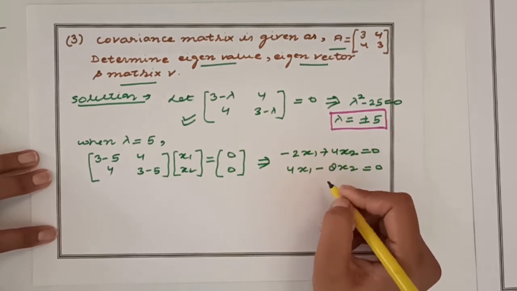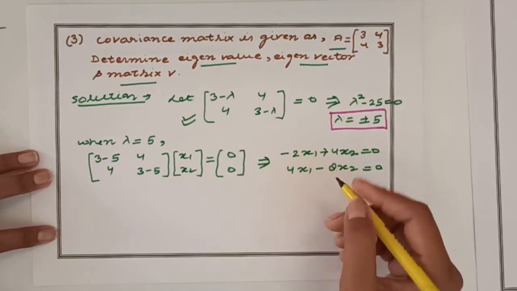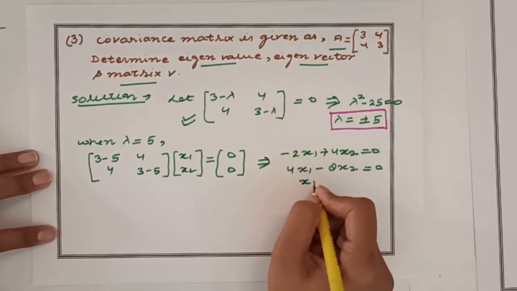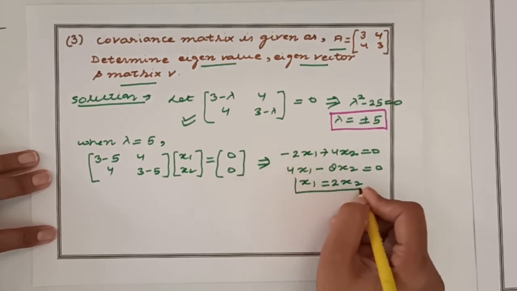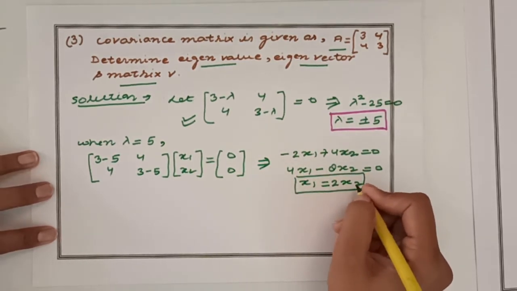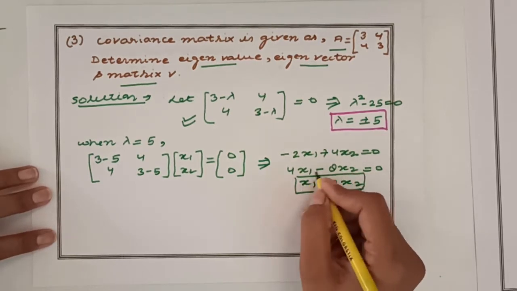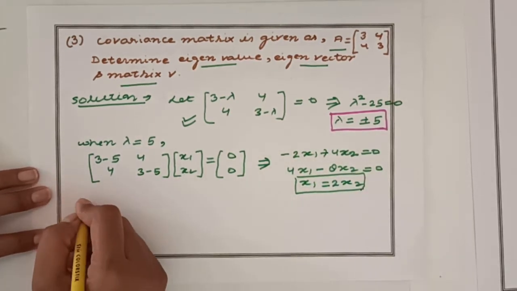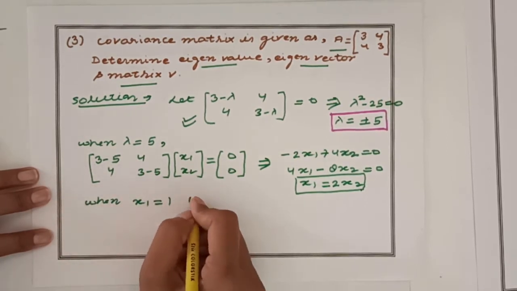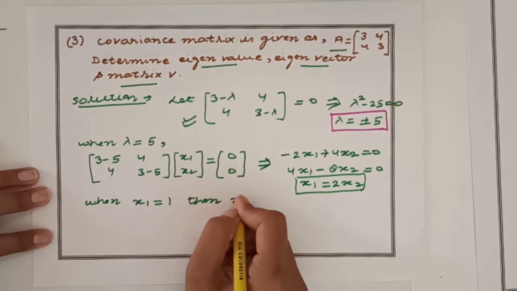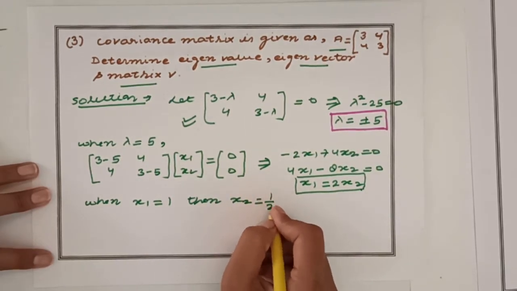So when you solve this, from here you can write x1 is 2 of x2. Again, x1 is 2 of x2. So when x1 is equal to 1, then you will get x2 is what? 1 by 2.